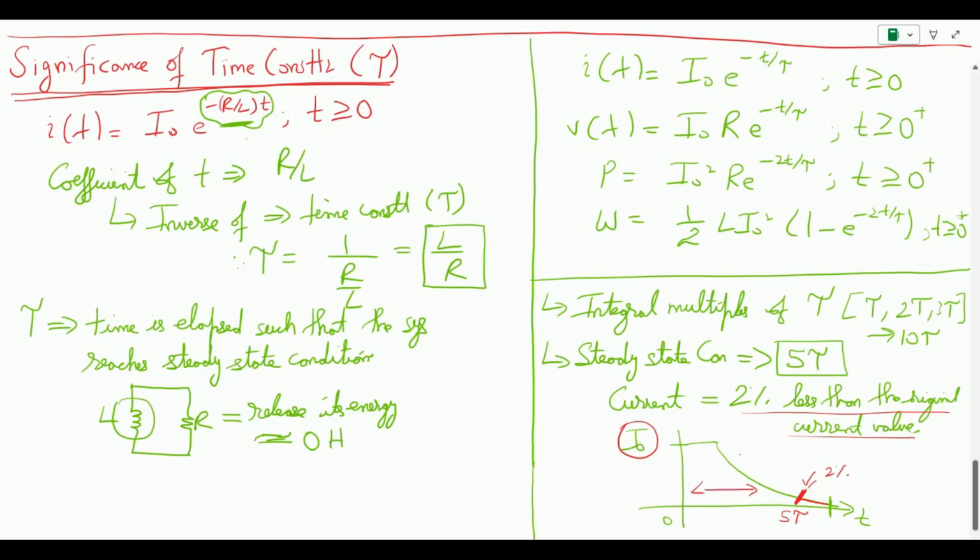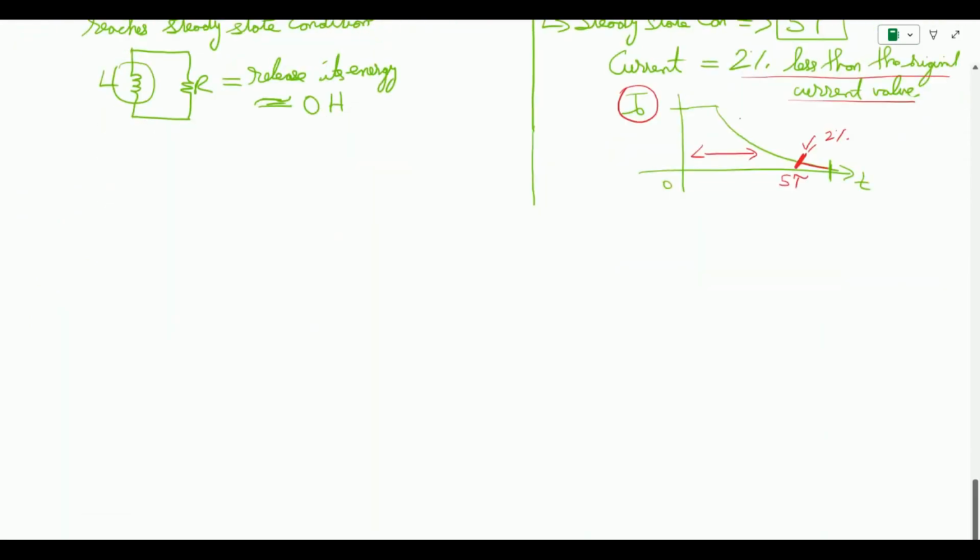Another way to understand this is to write it in the form of a tabulation. Let us say I consider T by tau to be a value of 1, so its integral multiples can be written as T equal to 1 tau, 2 tau, and so on till 10 tau.